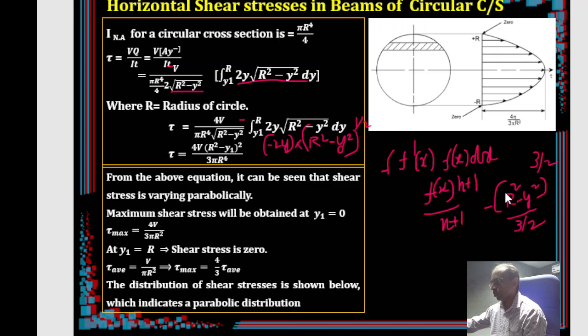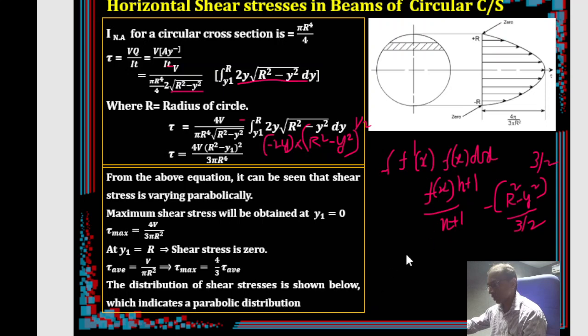So now look at the other terms. What are the other terms we got here? 4v by pi r power 4 into root over r square minus y square, right? So now if you put this r square minus y square to the power 3 by 2, and in the denominator we have r square minus y square to the power half.